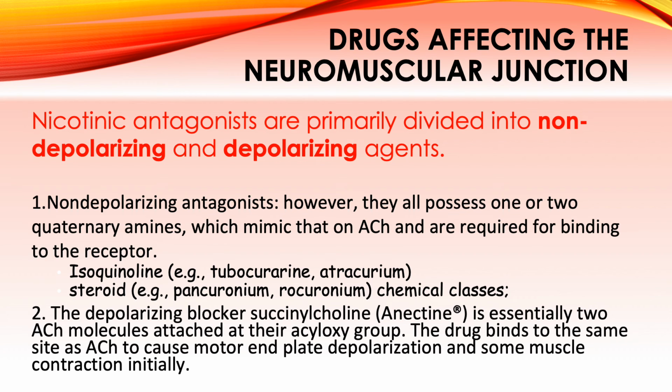So, in depolarizing antagonism, the inability of the synaptic acetylcholinesterase to metabolize your succinylcholine results in prolonged end plate depolarization and inactivation of your ion channel. So what happens next is the initial depolarization and muscle contraction will be followed by a paralysis, a flaccid paralysis.